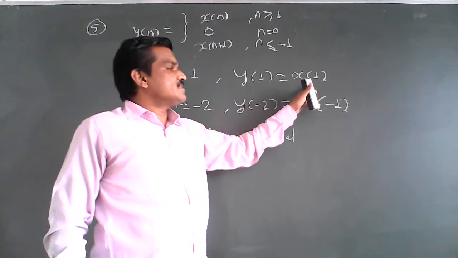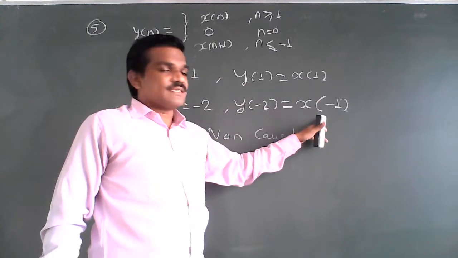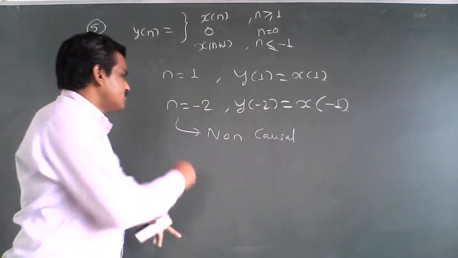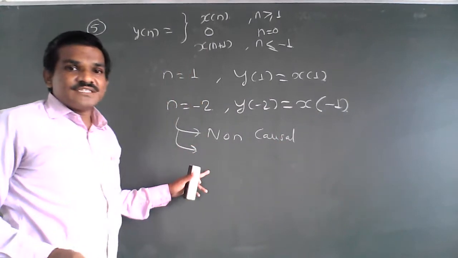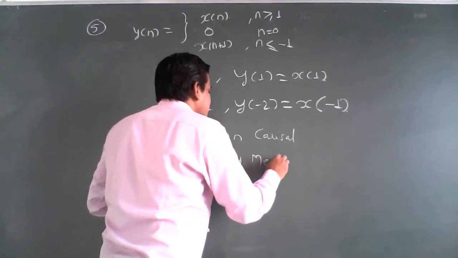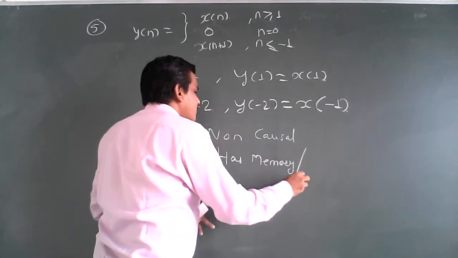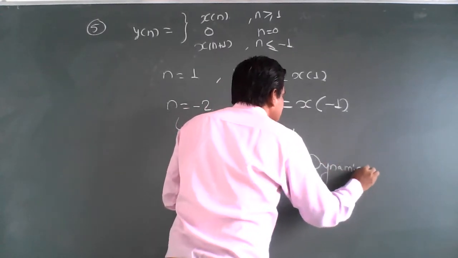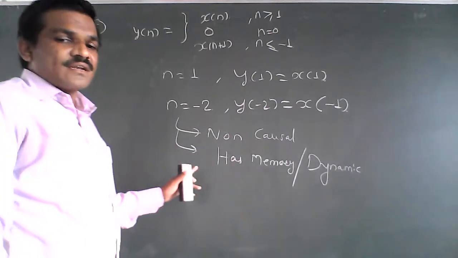This is your present, but this is past, and for the past it requires memory to store the data. So the system is a dynamic system, or we can say the system has a memory.